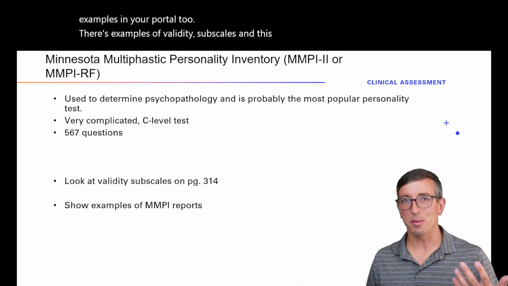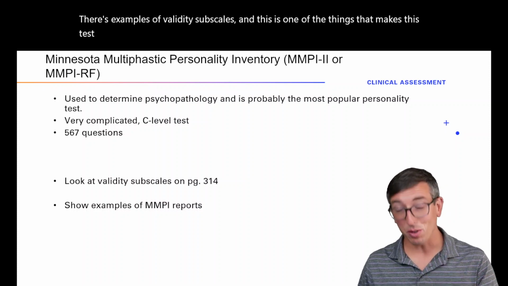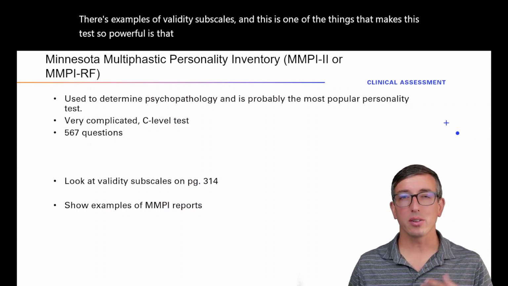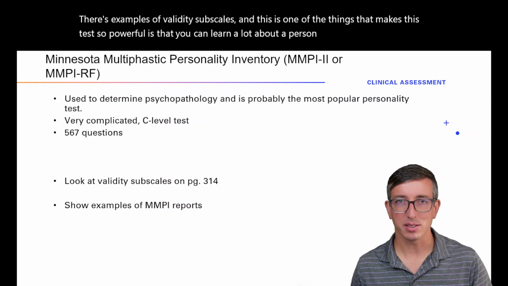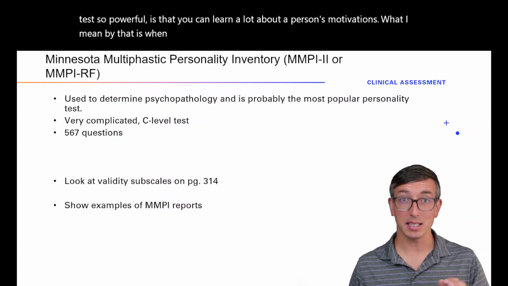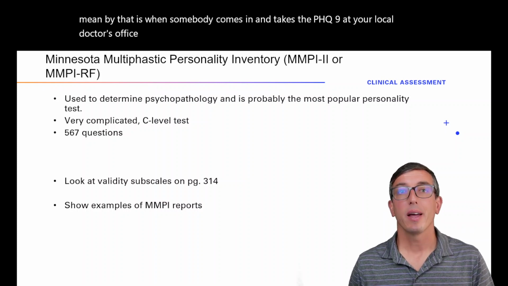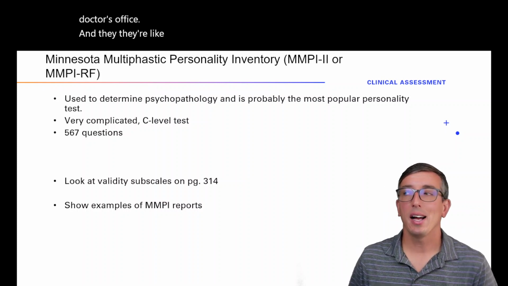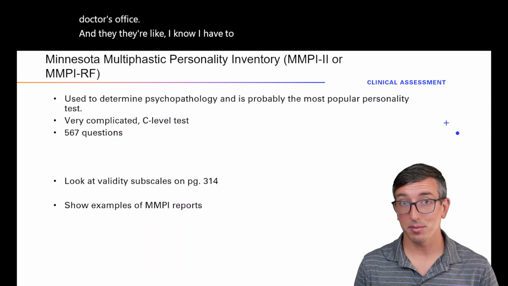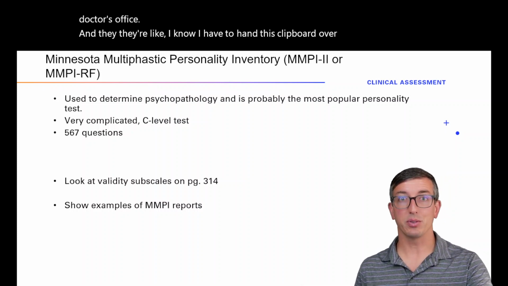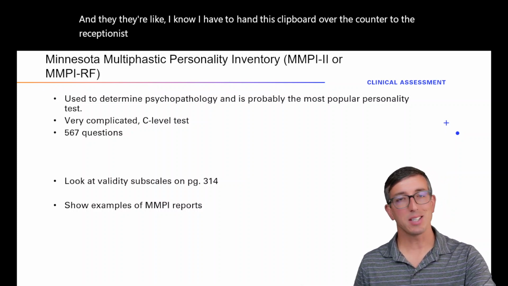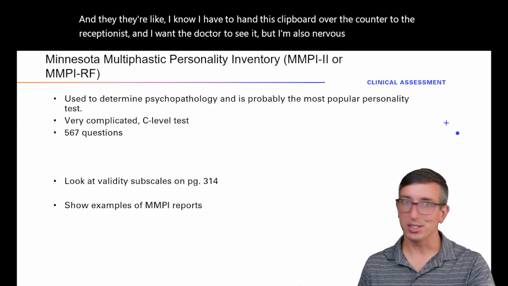And this is one of the things that makes this test so powerful: you can learn a lot about a person's motivations. What I mean by that is, when somebody comes in and takes the PHQ-9 at your local doctor's office, they think, I have to hand this clipboard over the counter to the receptionist, and I want the doctor to see it, but I'm also nervous about what she's going to think about me.